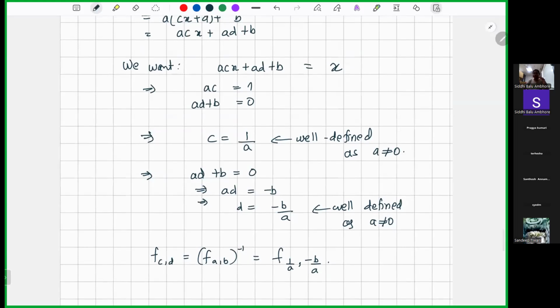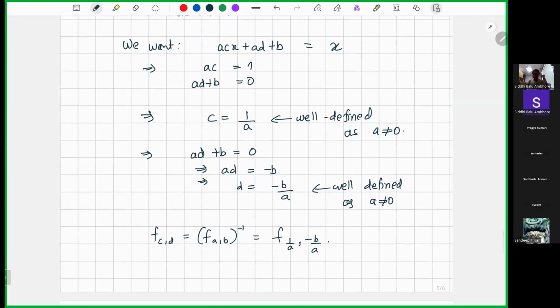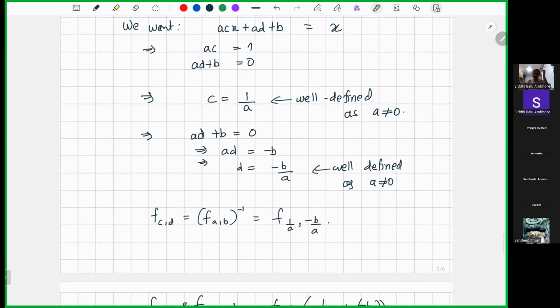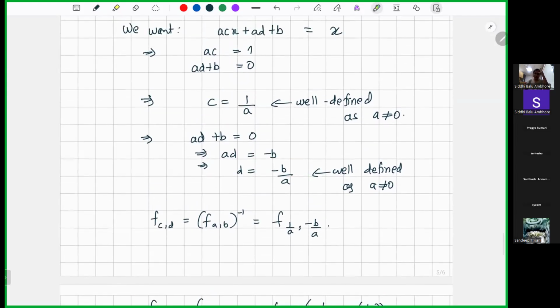Because the moment I fix one element f(a, b) from my set, the c which I obtained here is fixed. c has to be 1 by a, otherwise I won't be getting x. And secondly, the constant term needs to be 0, and that's how ad plus b must be 0.